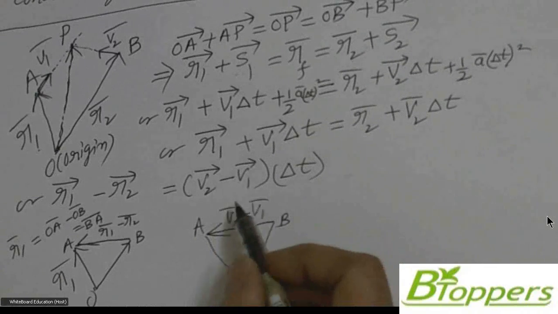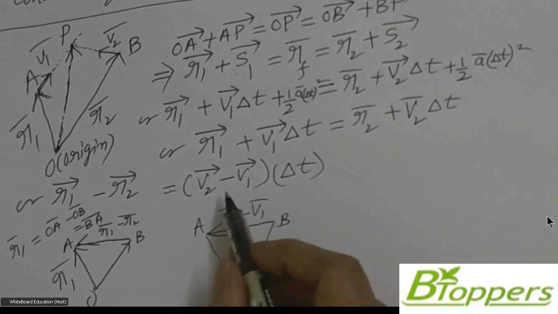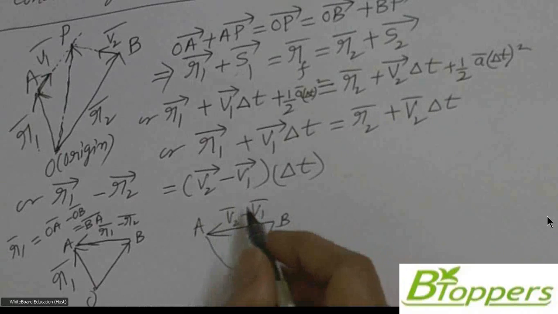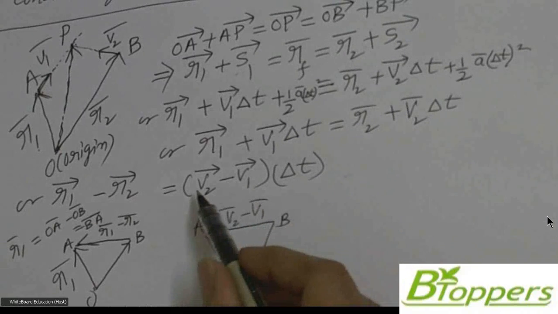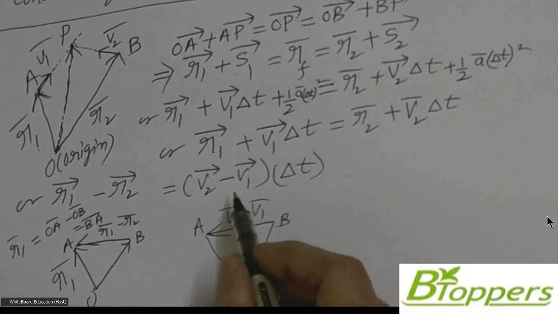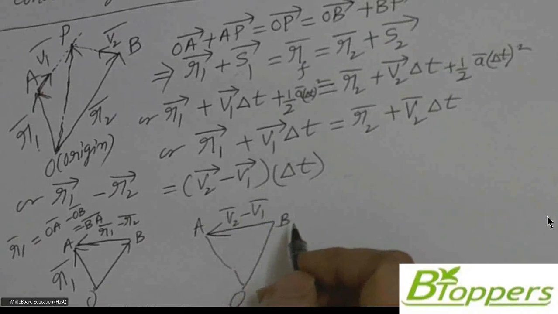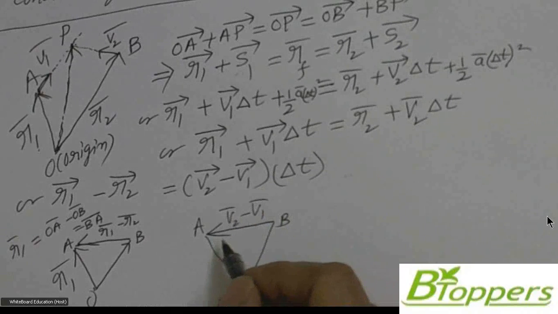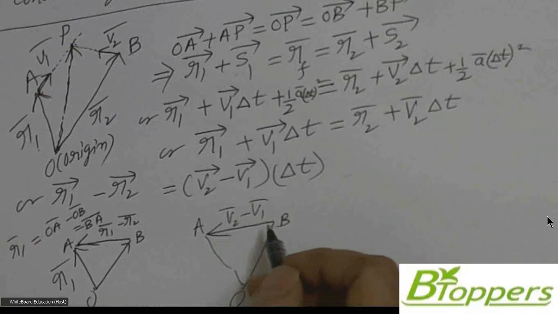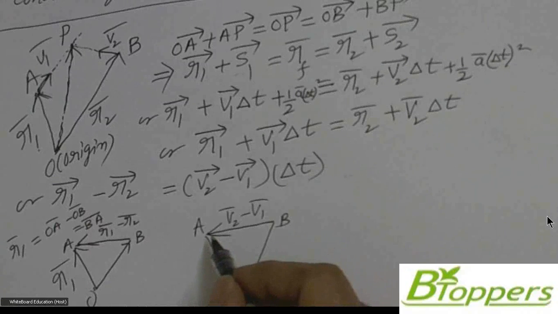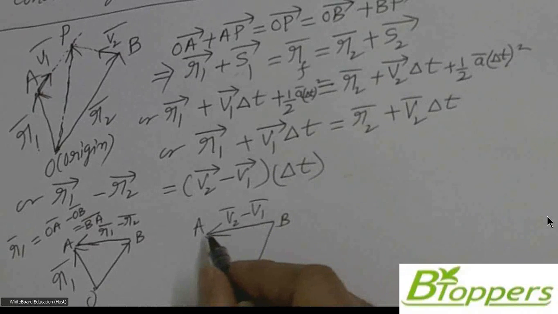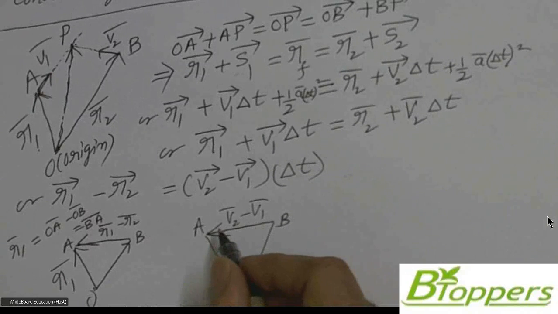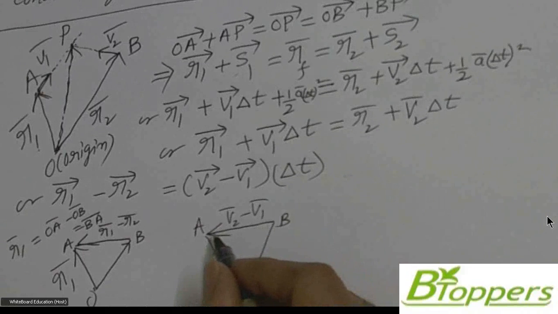That means, in general, if two particles start moving with different constant velocities from two different points, then for collision to take place, the relative velocity of one particle with respect to the other particle should be directed toward the other particle. That means the relative velocity of the second particle with respect to the first particle should be directed away from the second particle toward the first particle.